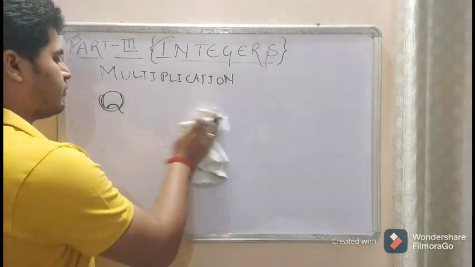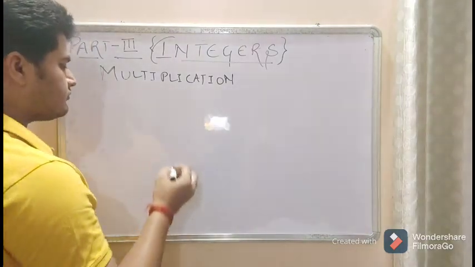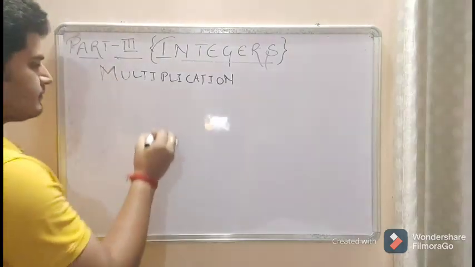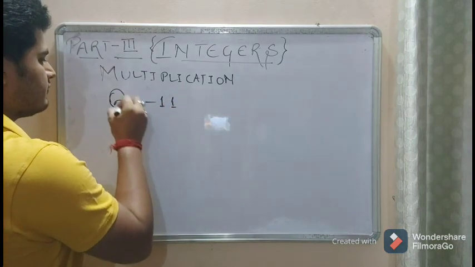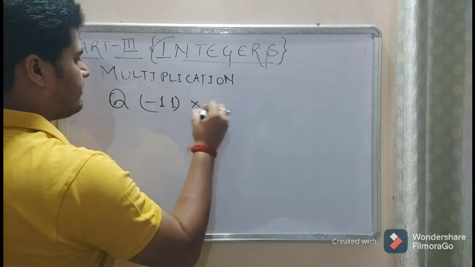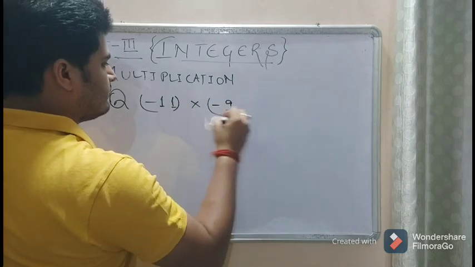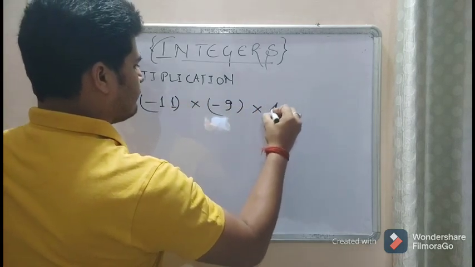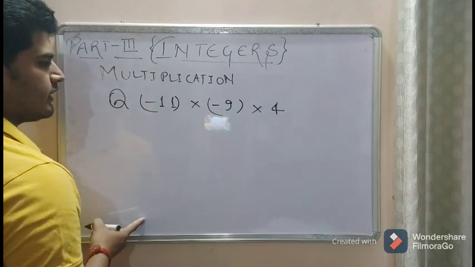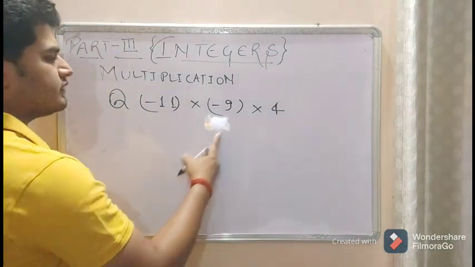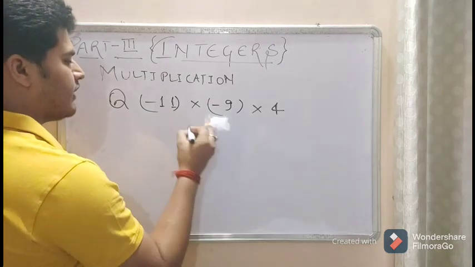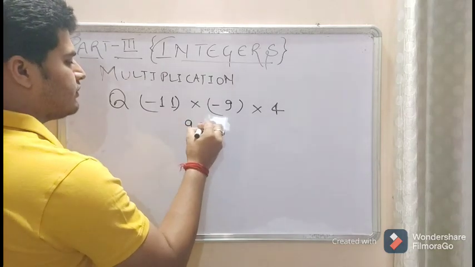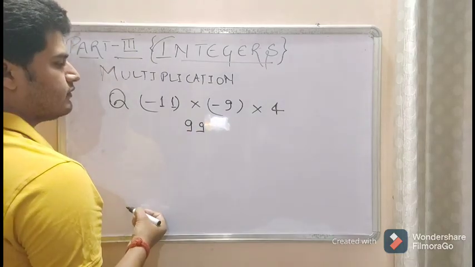Let us take another problem. -11 multiplied by -9 multiplied by 4. Right. So 11 into 9. First of all, I am looking for numbers. 11 into 9 is going to give me 99.